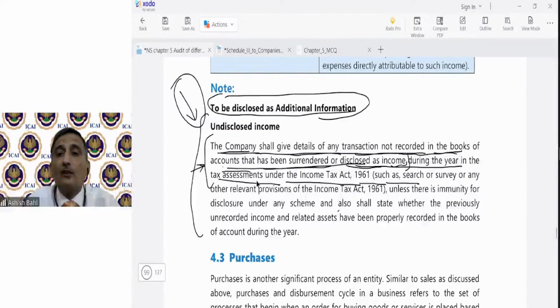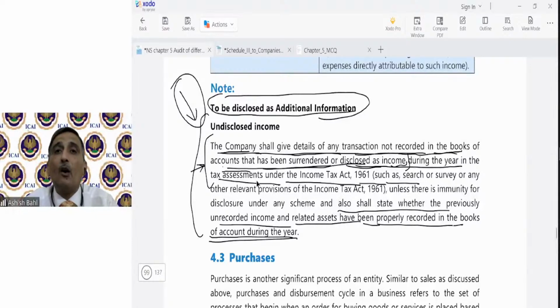And it shall also be stated whether previous unrecorded income and other related assets have been properly recorded in the books of accounts during the year. That is, now that the survey or such operation has happened, whether these related assets have now been recorded.